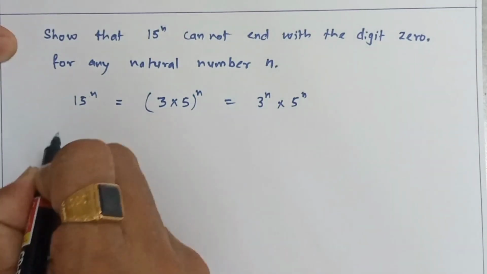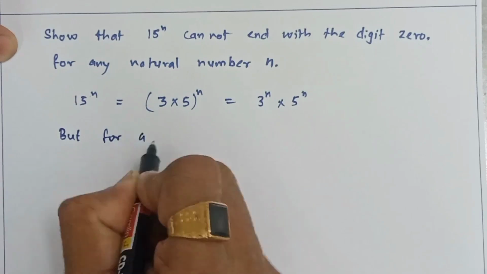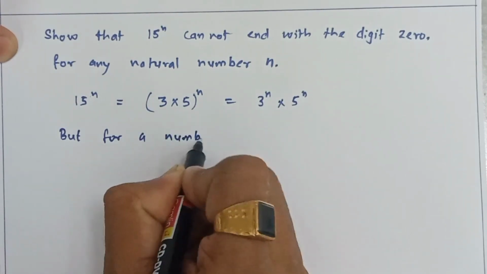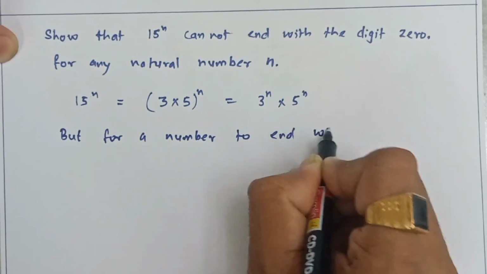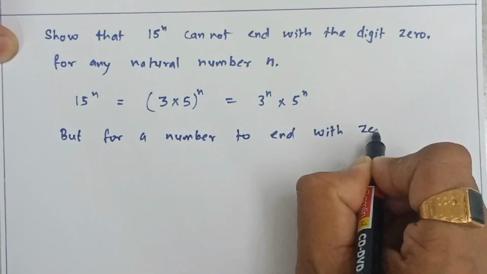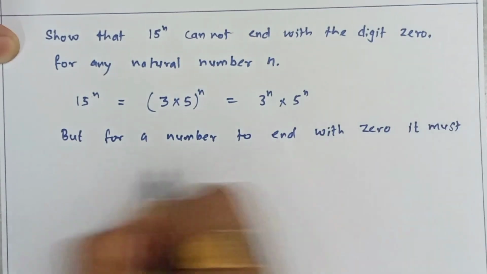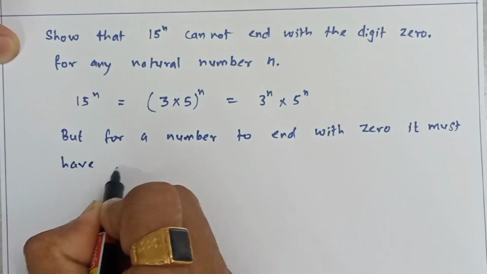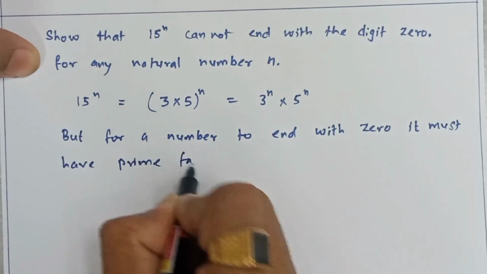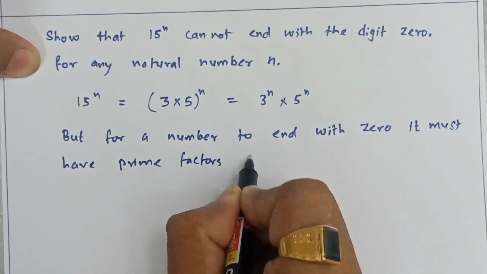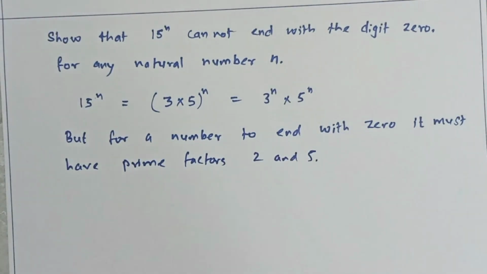But for a number to end with 0, it must have prime factors 2 and 5, and 2 is missing here. Are you getting my point?